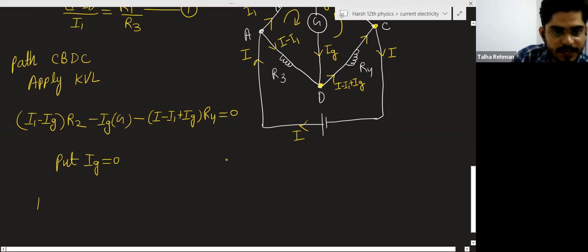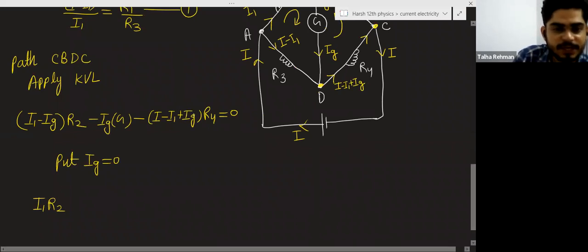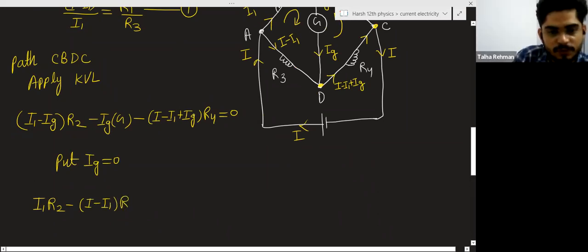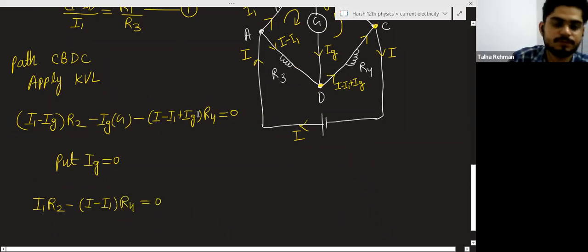So you will get I1 into R2. And when you put this IG equal to 0, here also you will get 0. This is removed. Here you will get minus I minus I1 into R4 is equal to 0.